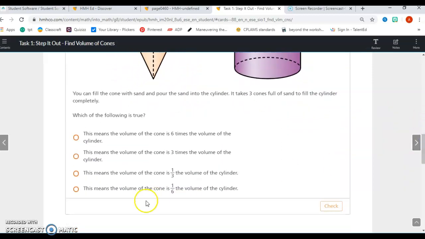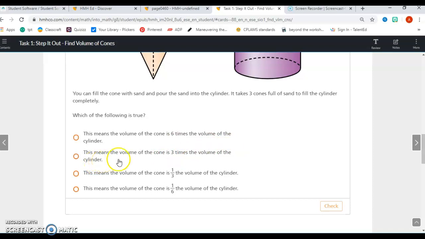So which of the following statements are true? This means the volume of the cone is 6 times the volume of the cylinder. I never mentioned 6. So let's keep going. This means the volume of the cone is 3 times the volume of the cylinder. Ooh, let's read it again. This means the volume of the cone, the smaller one, is 3 times the volume of the cylinder. That doesn't make sense.